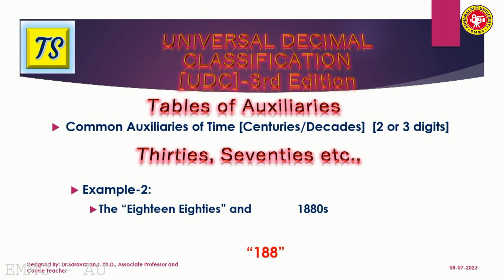If you find a title with the year and the letter s at the end of the year, that means 1880s covers 1880 to 1889, maybe 1881 or 1882 or 1883, who knows. So when you face this kind of year, 20s, 30s, 40s, 50s, 60s, 70s, 80s, 90s, transfer it into the format as shown here.